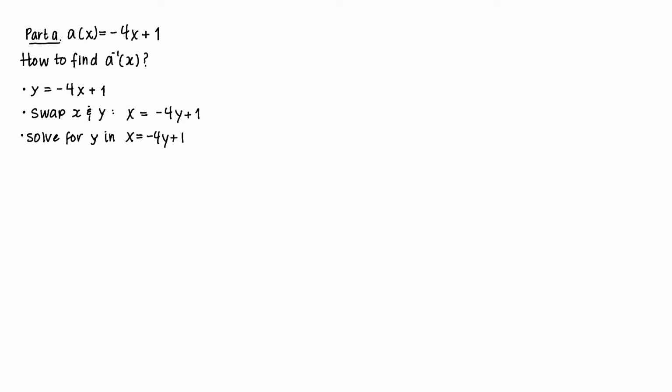So this is the part of the problem that will take the longest, probably. Okay, so let's do that. So I'll have x equals negative 4y plus 1. If I'm solving for y, I can subtract 1 from both sides.